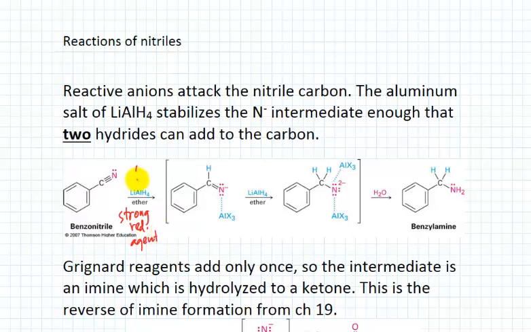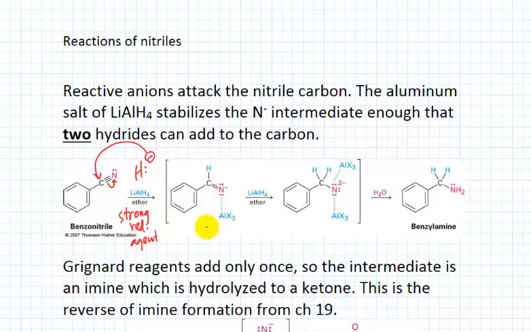It is essentially, just like we said before, H minus that will attack the nitrile carbon, kick one pair of electrons up onto the N. That makes an N minus. But what's interesting about this is that the aluminum salt that's left over along with the rest of the reactive species there is a very powerful Lewis acid, so it attaches itself to this N minus.